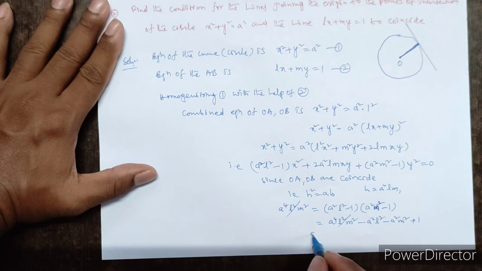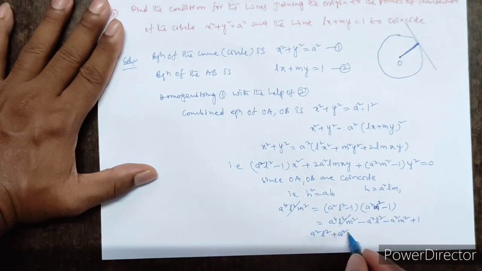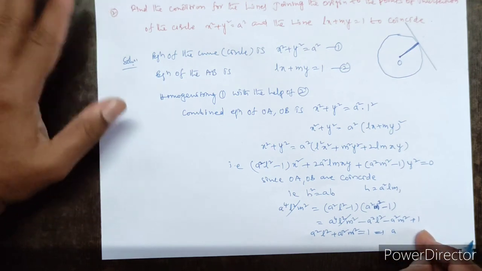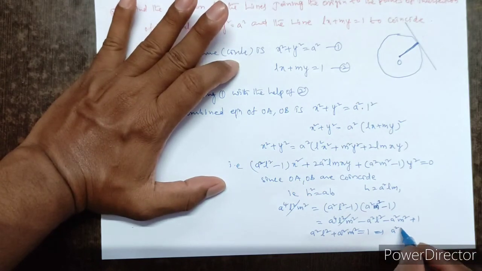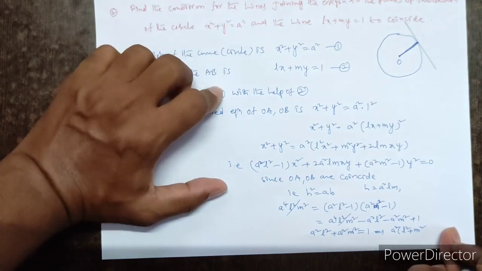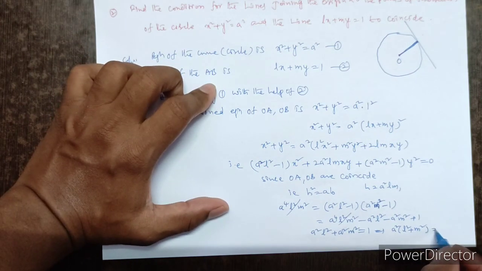Then a square L square plus a square m square equal to 1. Taking the common a square, a square of L square plus m square equal to 1.